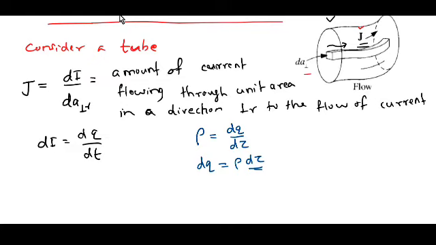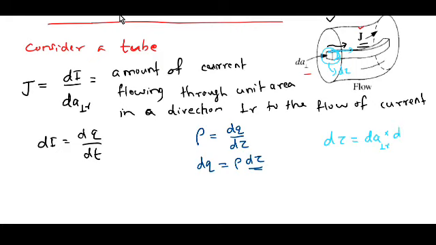If I consider a very small volume element d tau in this tube, then d tau is nothing but the area times the length parallel to the current flow.